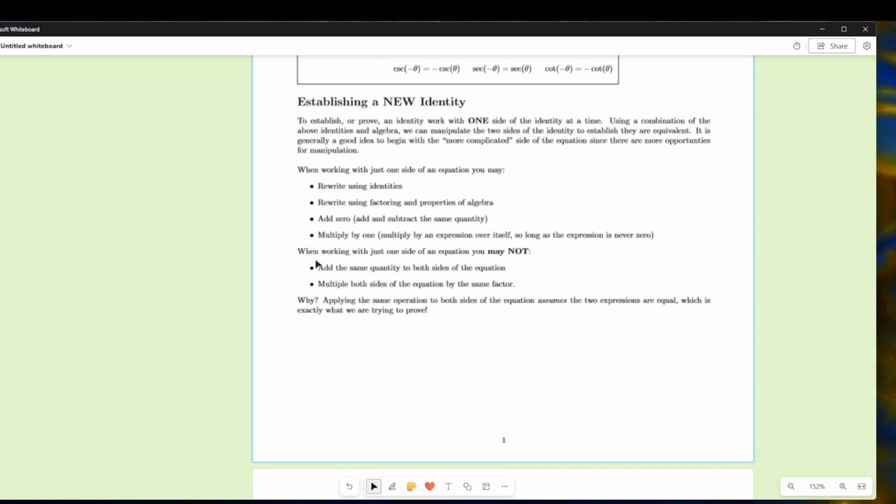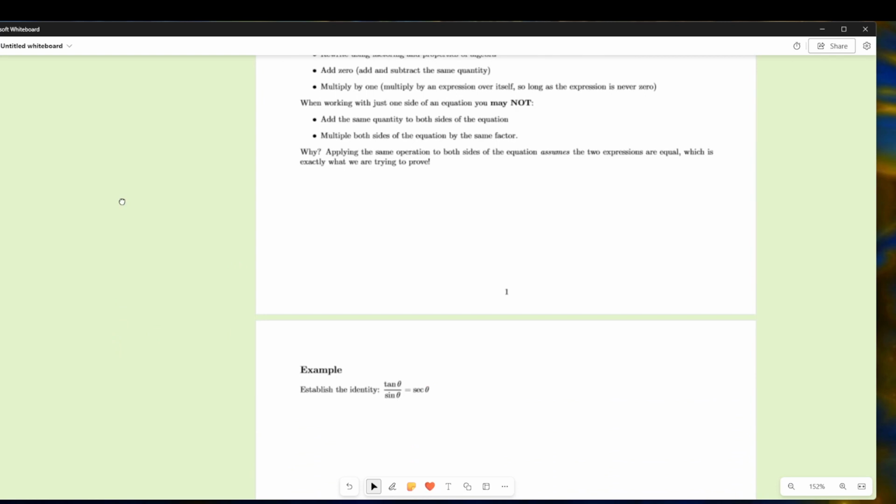So we want you to just be working one side of the equation, because we want to work on those factoring skills, those algebraic manipulation skills, and the trigonometric skills on one expression to build the other expression. So, that being one of the points of this exercise, we want to make sure we focus on that. So you'll notice that we'll be very restrictive about working one side to show the other.